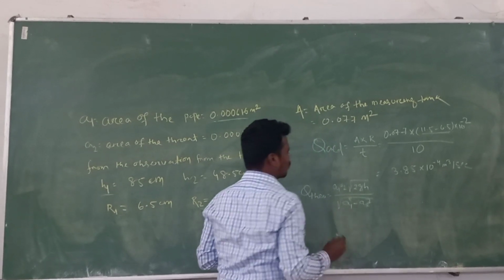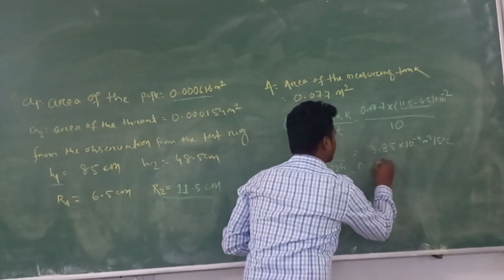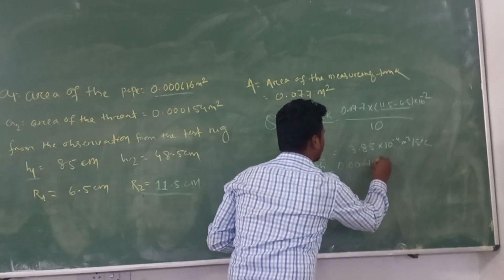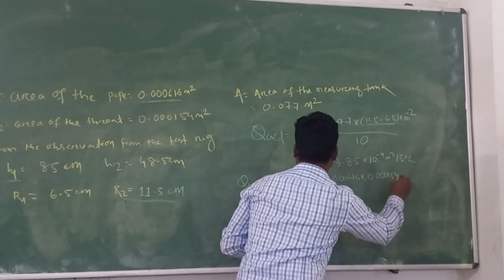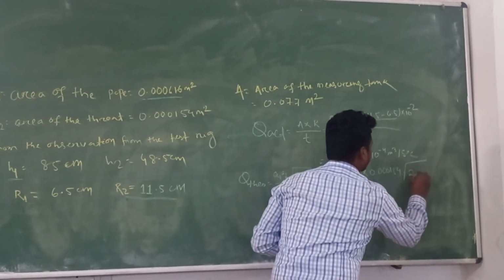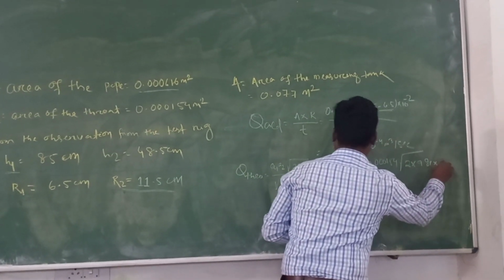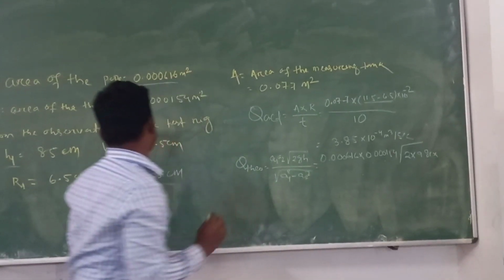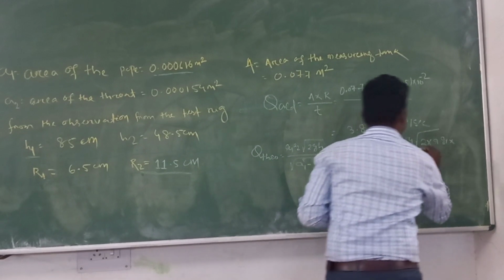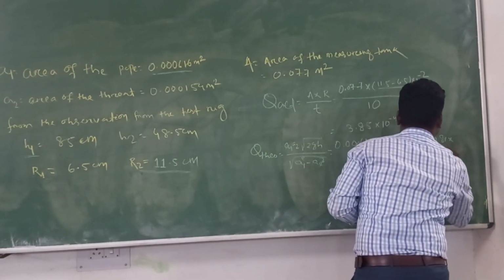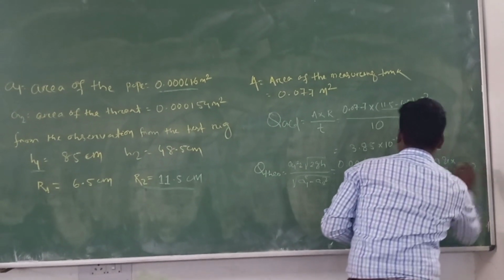So now the value of A1 is 0.000616 into 0.000154 into root over of 2 into G, where the value of G is equal to 9.81 meter per second square, into the value of H, which is the difference between H1 and H2, that is 85 minus 48.5 into 10 to the minus 2, as it is in centimeter.